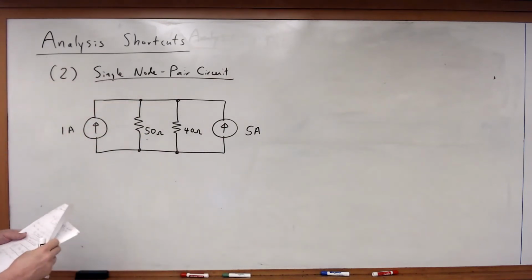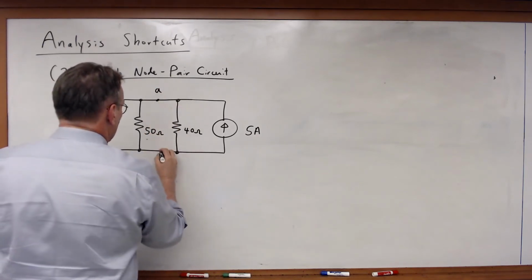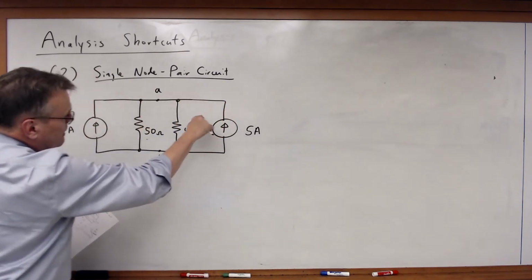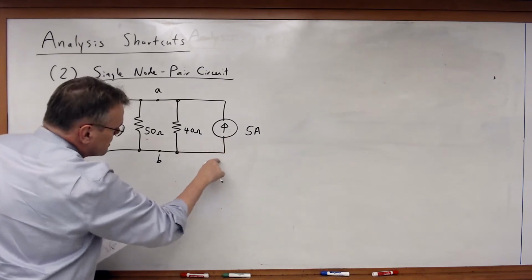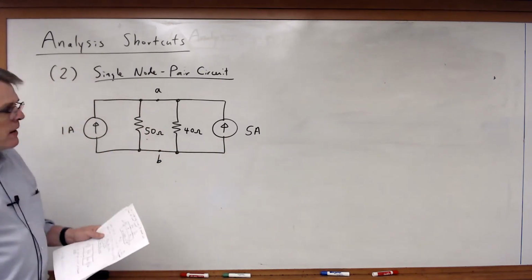All right, so in this case, I've got two nodes. I'm going to call this node A, call this node B. Keeping in mind, A is this entire thing at the top. That's the node. B is this entire set of wires at the bottom. So the whole thing is the node, not just that dot.